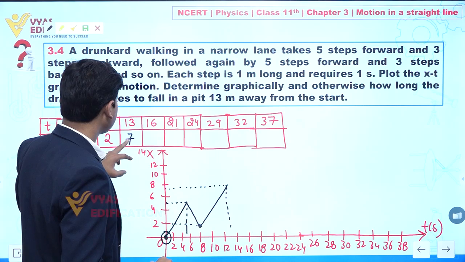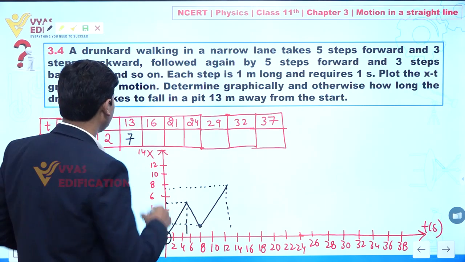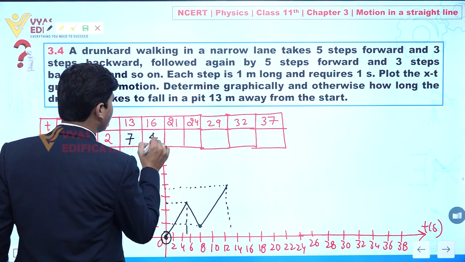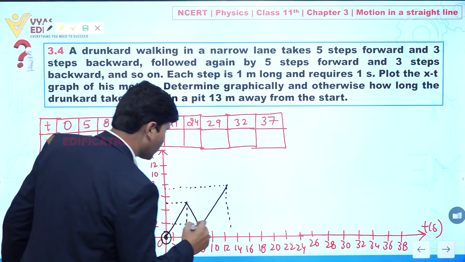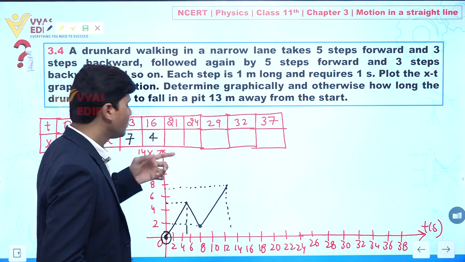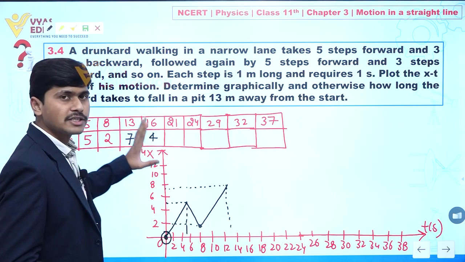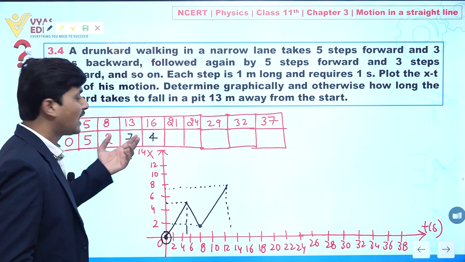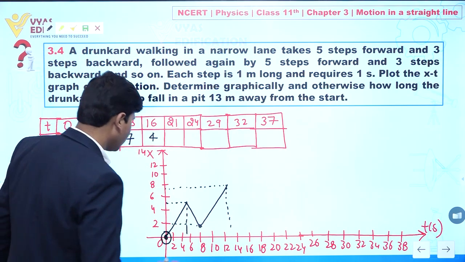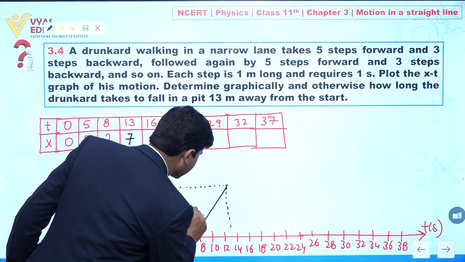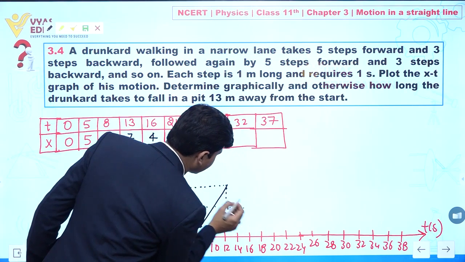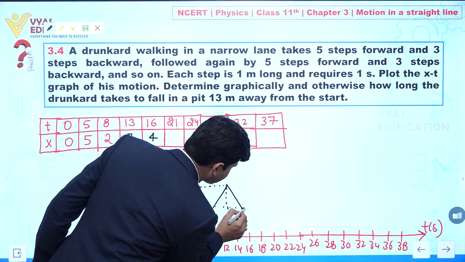So this is 3, 7 minus 3, this is 4. So in 16 seconds the drunkard person is at a 4 meter distance. So this is the graph.